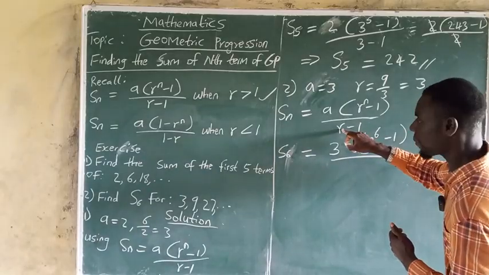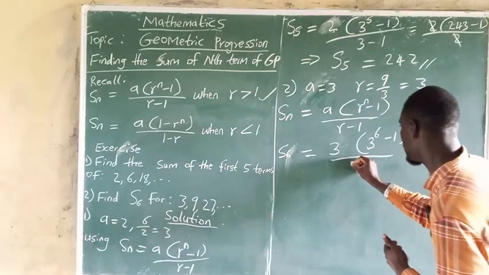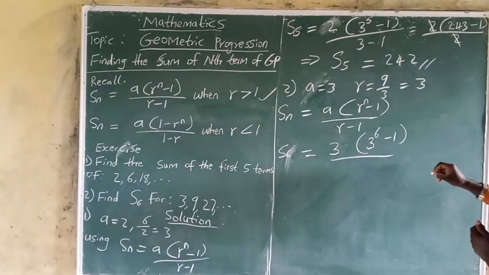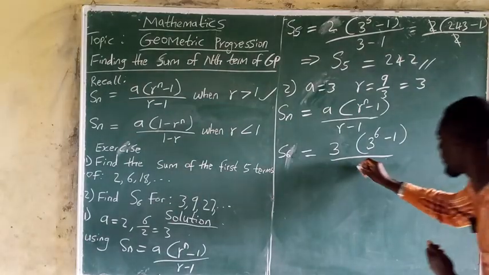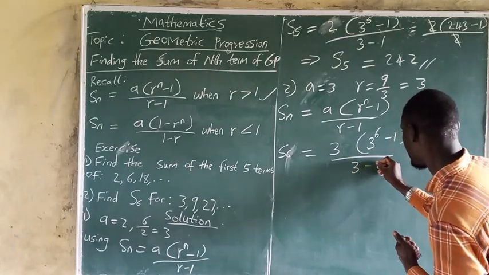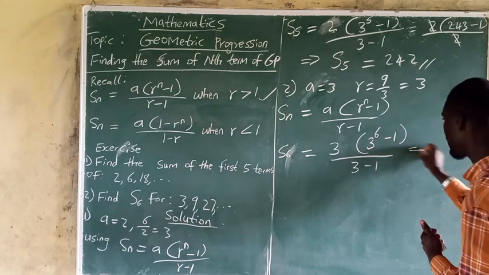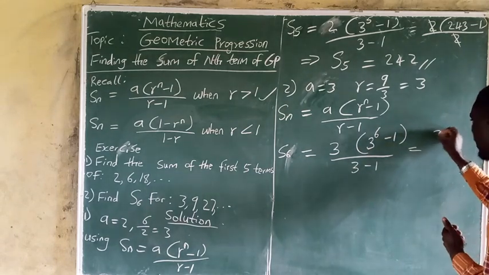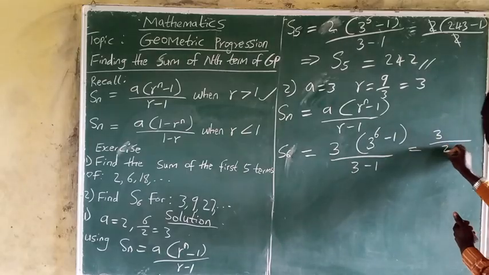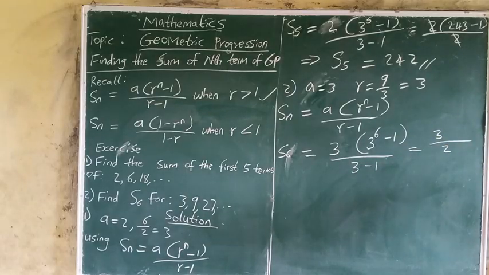If you check, R in our equation is 3. So R is 3, 3 minus 1. Okay? So this will give us 3 all divided by 2.